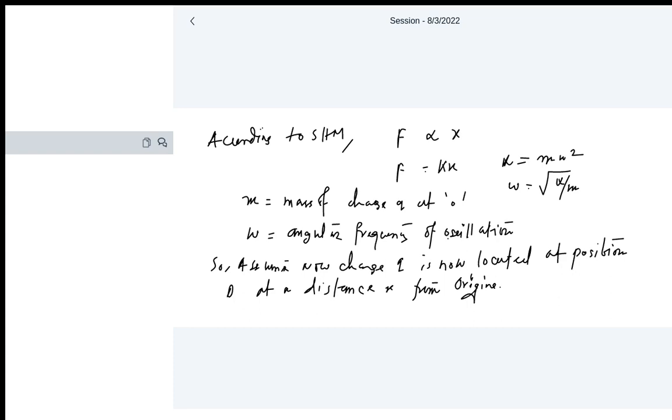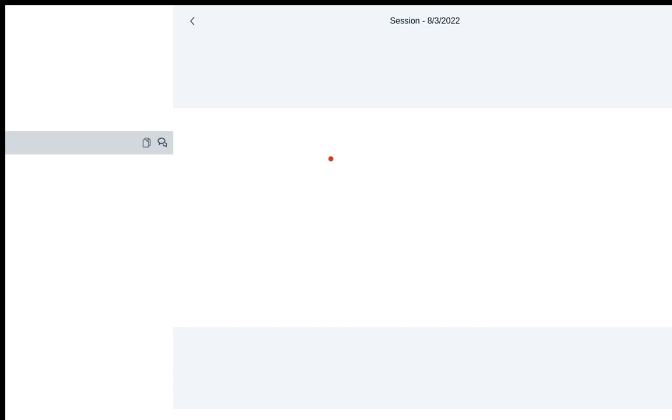Okay, so now in that case, this is the origin O. Now the charge is located at a distance D, and this is the point A, and this is the position B. The distance between O and B is also a, and the distance between O and A is also a.